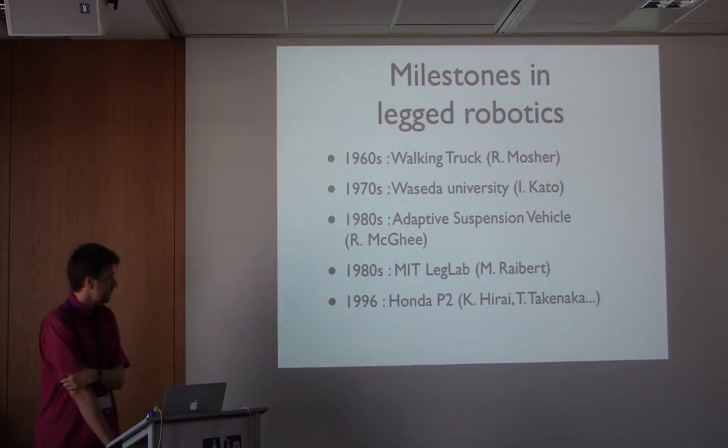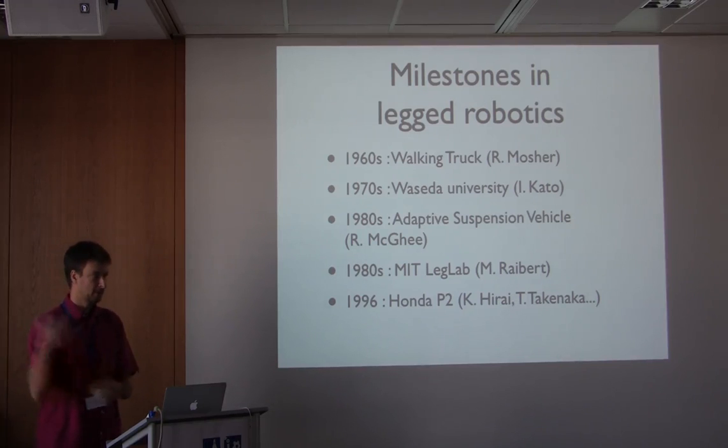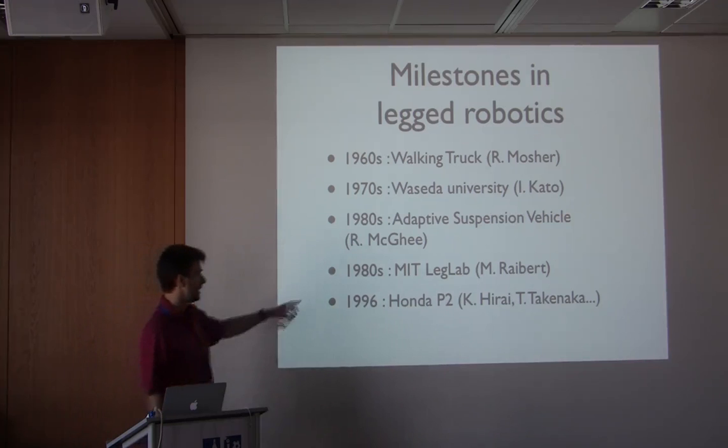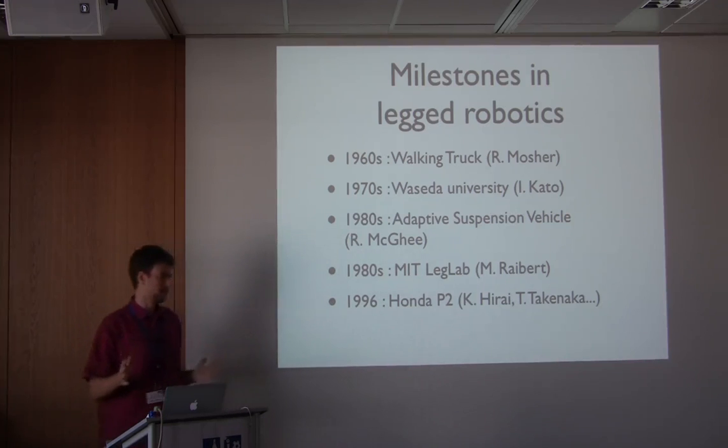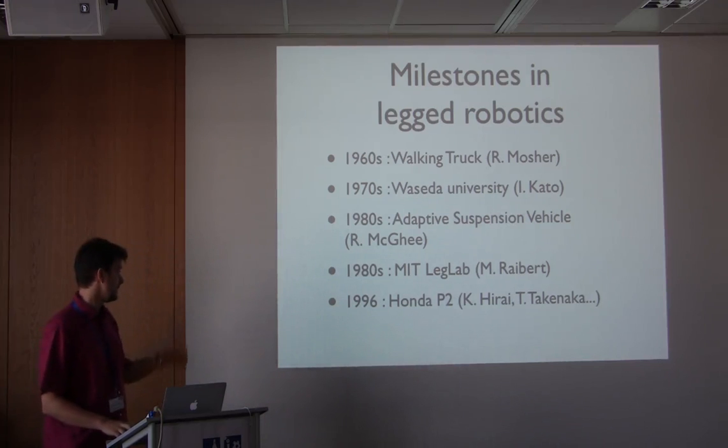Marc Raibert, if you don't know him, when he left the MIT Leg Lab in the mid-90s, he founded Boston Dynamics, which now builds the Big Dog robot and Atlas and Petman for the DARPA challenge. So you see, once again, a huge driving force for leg robots here for 30 years.